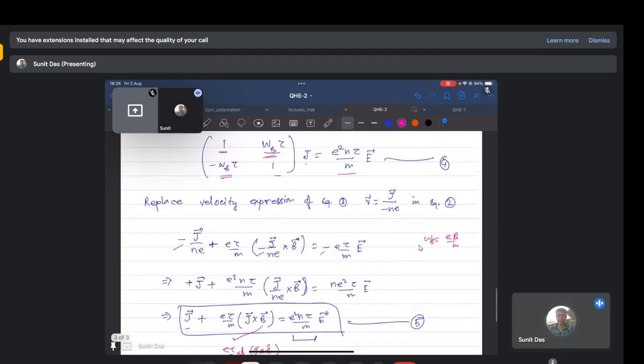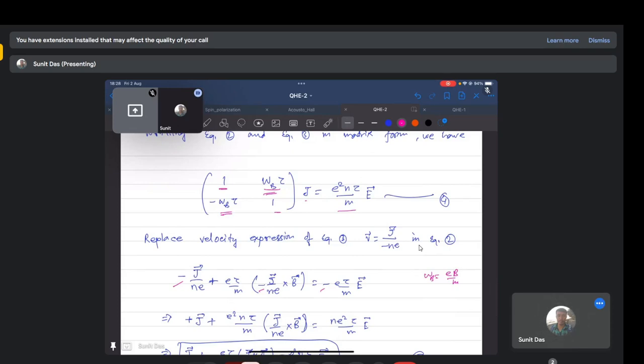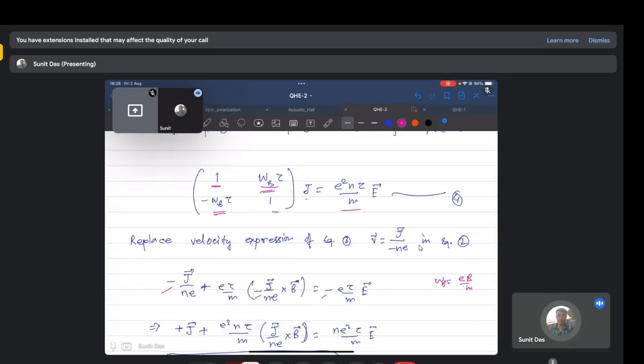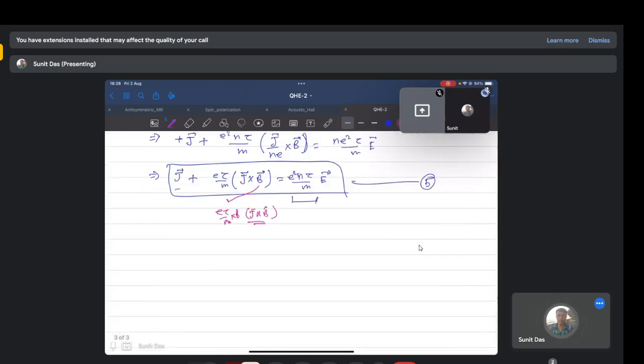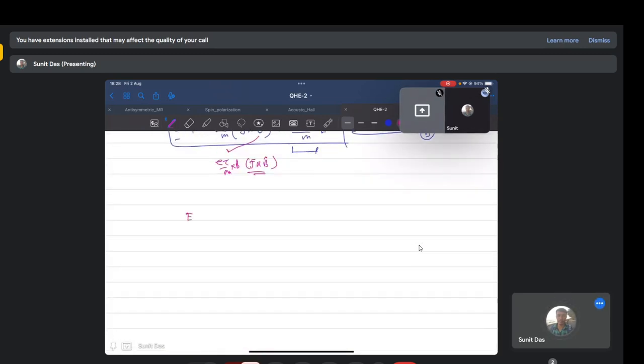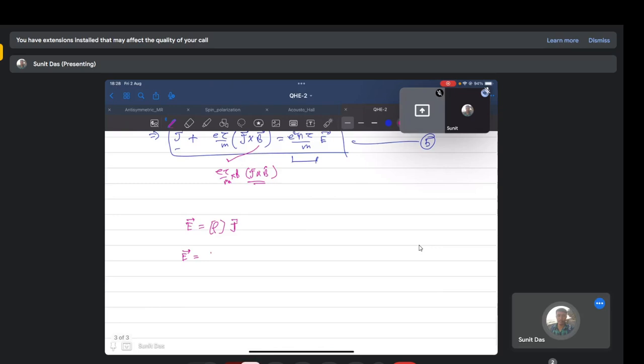Equation 4 is itself the relationship, but we need to express it such that electric field equals the resistivity matrix times the current density j. So electric field is m by e square n tau, and then the matrix 1, omega b tau, minus omega b tau, 1, and then j.